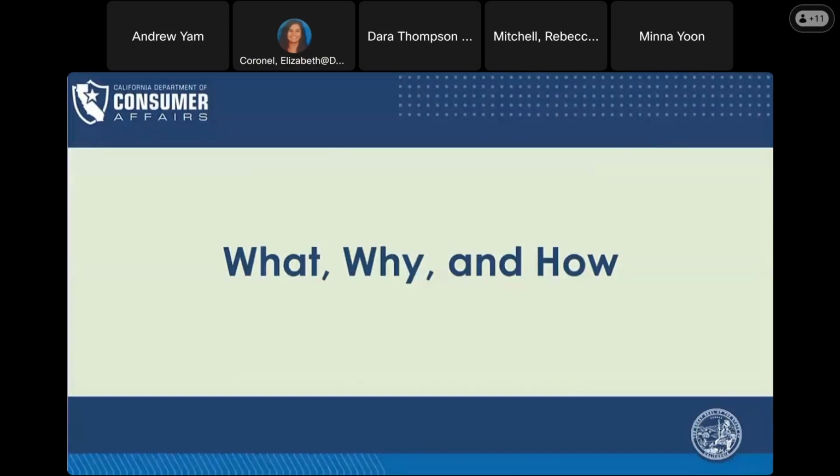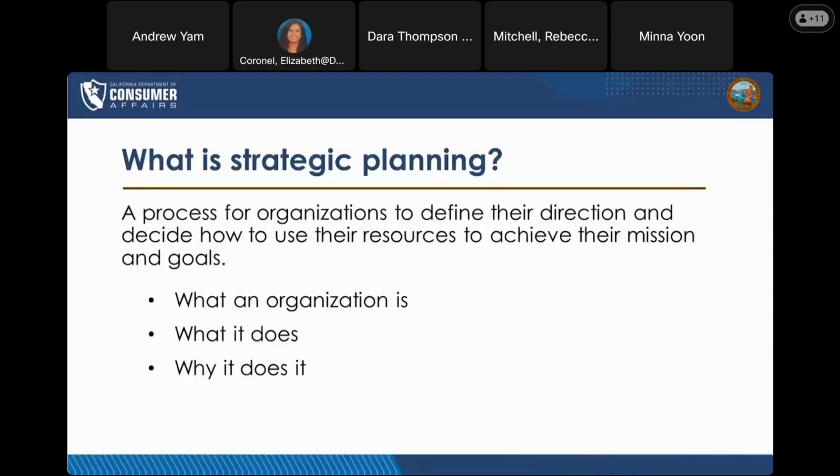So we'll get started first with the what, the why, and the how of strategic planning. So what is strategic planning? Strategic planning is the process through which fundamental decisions and actions are produced that shape and guide what an organization is, what it does, and why it does it.